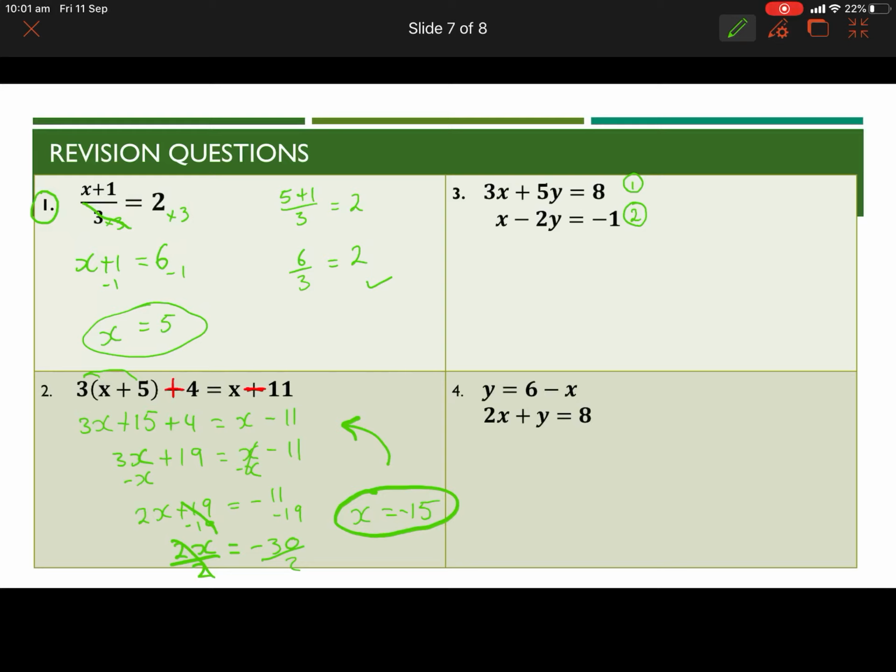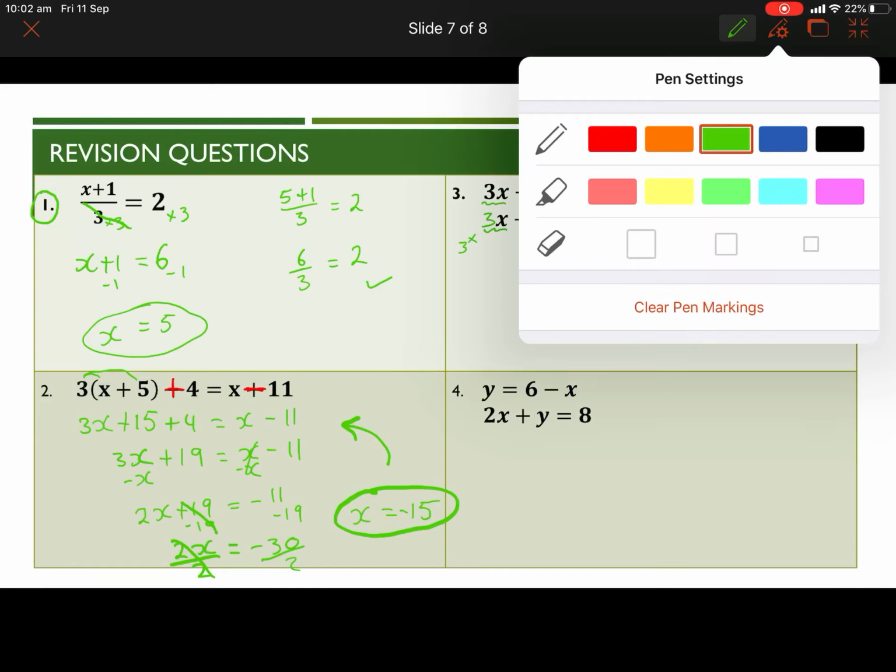In this case, let's say we want to get rid of the x. What I can see here is that's 3x and this is 1x. So if I was to times this whole equation by 3, then I'd get a 3x there. And obviously I have to do the rest. But then that means they're the same, so it will work.